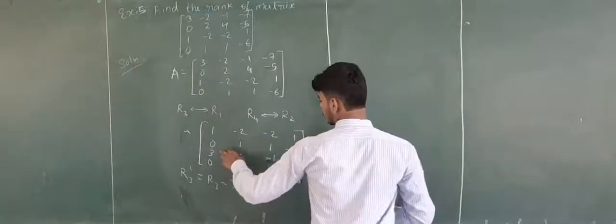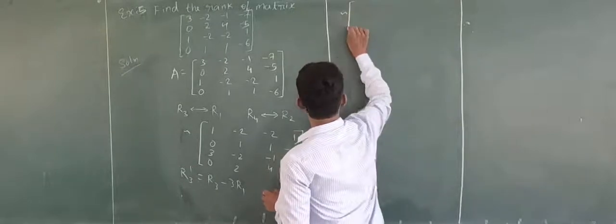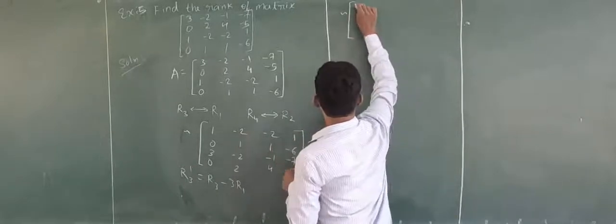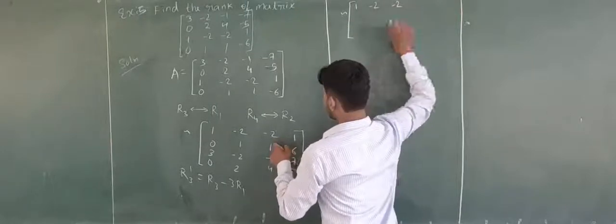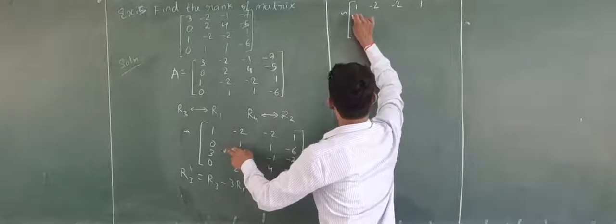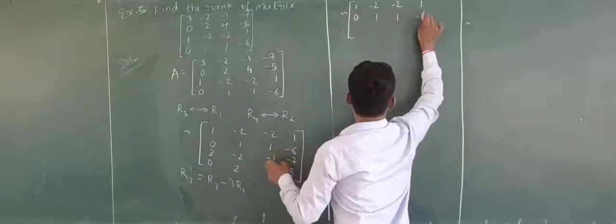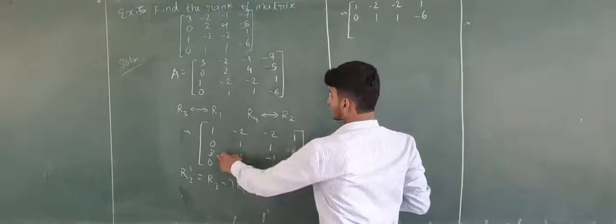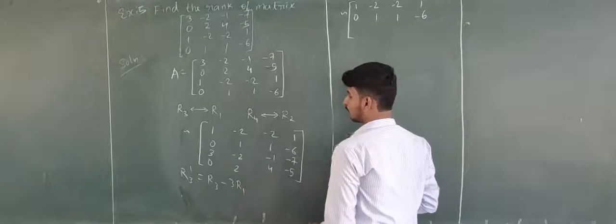So first we will change R3, that is R3 minus 3 R1. We write the first row as it is, that is 1, -2, -2, 1. Next is 0, 1, 1, -6. And next we are changing row 3, that is R3 minus 3 R1.